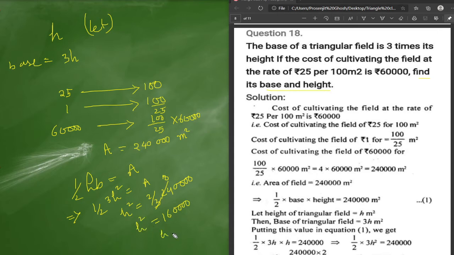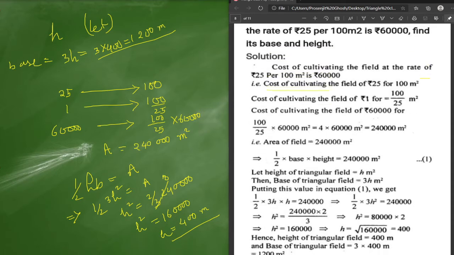Then what should be the value of h? 400 meter should be the height. So that's it for the height. Now we know that 3h is the base, so just multiply 3 into 400, it will be 1200 meters. So you got the base and the height as required. I hope the idea is clear.